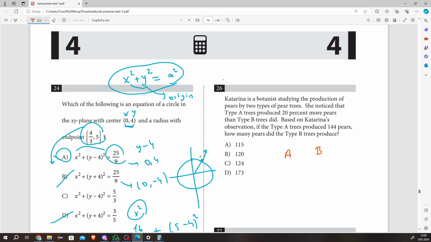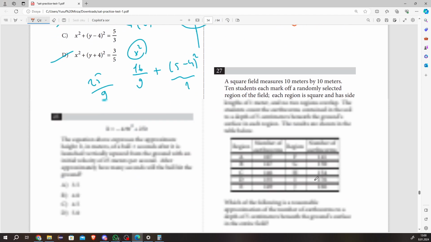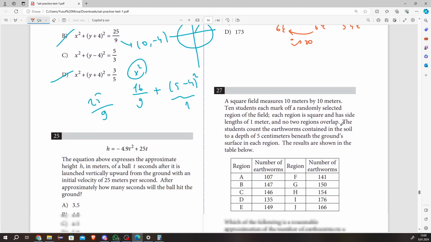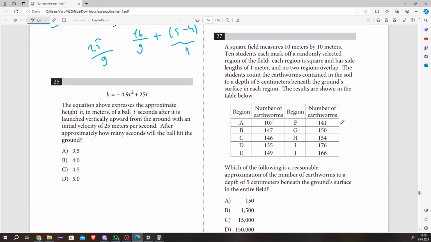So if 6k gives 5k because of 20%, so 6k equals 144, and 5k, then k is 24. So go for B. Yeah, if you put that in and buy it.